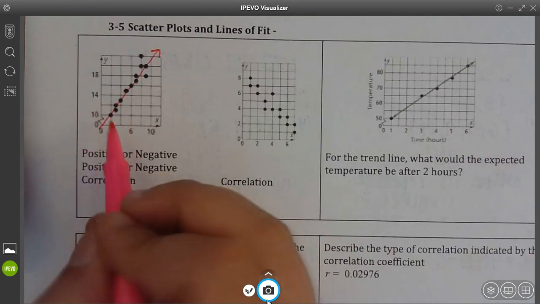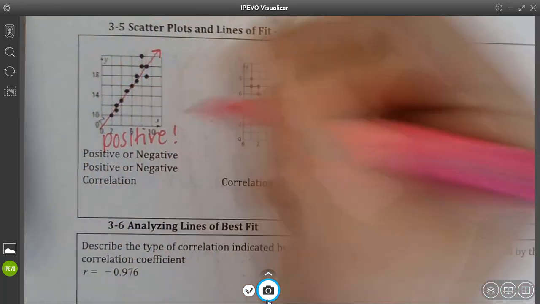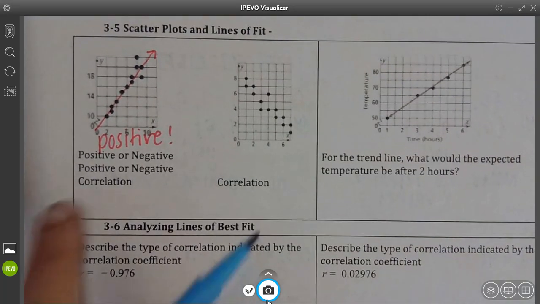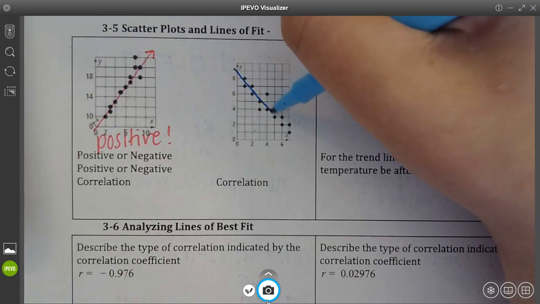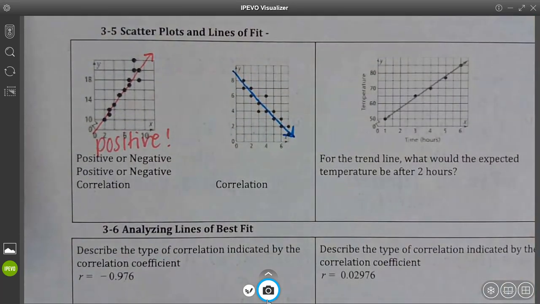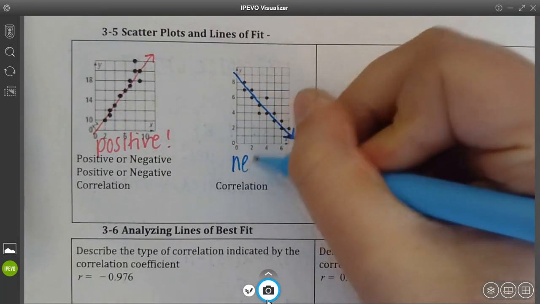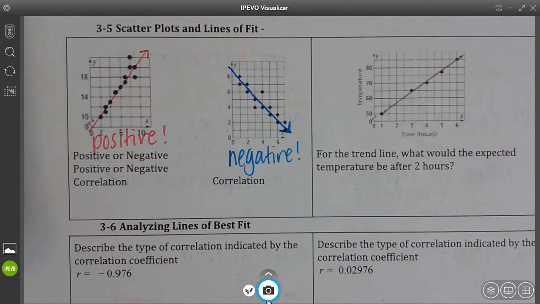And in this case, this one is positive. So we would say it has a positive correlation. And we can see, I think this was supposed to be over here, but we can see this one, if we draw a line of best fit, it is heading down. It has a negative slope. So it has a negative correlation. Now, sometimes our correlation can be strong or weak, but we'll talk about that in just a second.